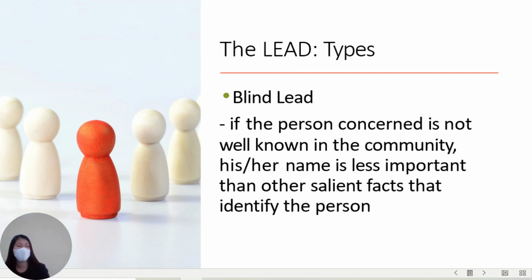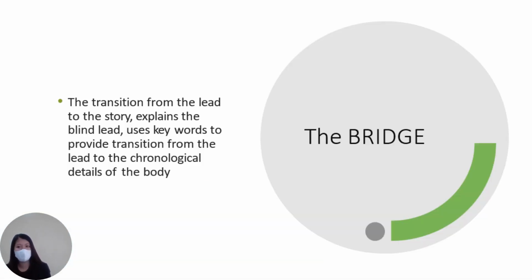We reveal the name of the person in the second paragraph of the article. So the transition from the lead to the story explains the blind lead. It usually uses keywords to provide transition from the lead to the chronological details of the body.